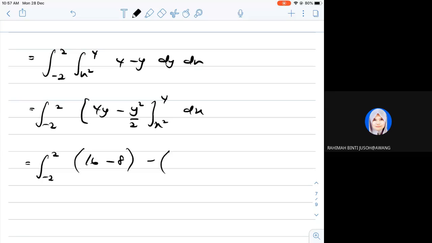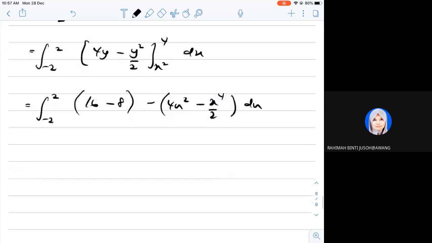Then minus 4x squared minus x squared, so becomes x to the power of 4 over 2, dx. So we will have the integration of 8 minus 4x squared minus x to the power of 4 over 2, dx.